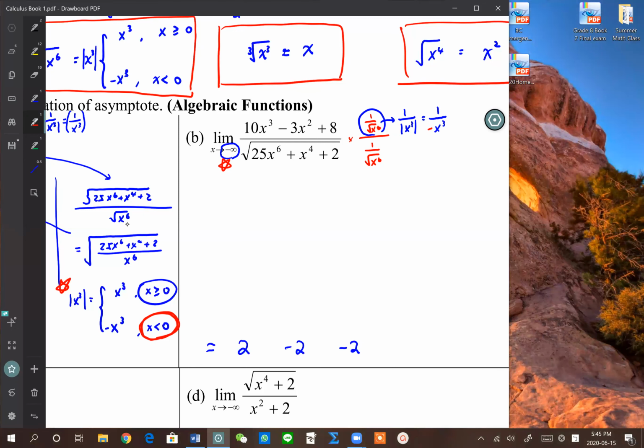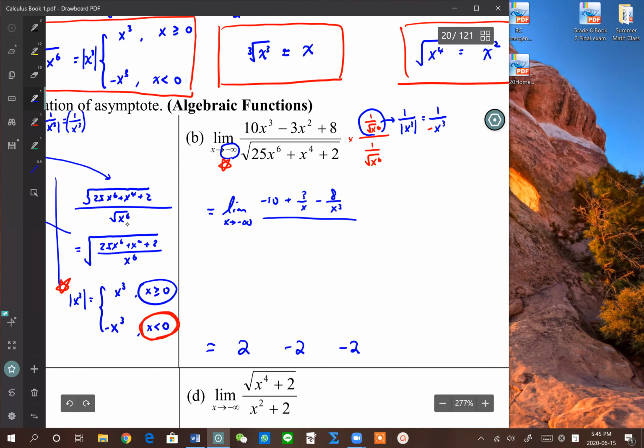You have 2 pieces. If there's no absolute value, then nothing to worry about. You just start dividing, right? So after that, we distribute in, right? So each of them divide by negative x cubed. So that will make it -10 plus 3 over x minus 8 over x cubed. So you see the sign changed.